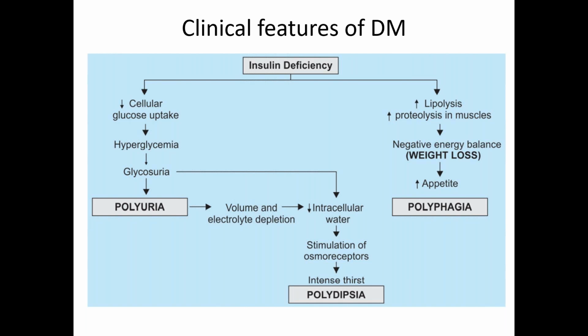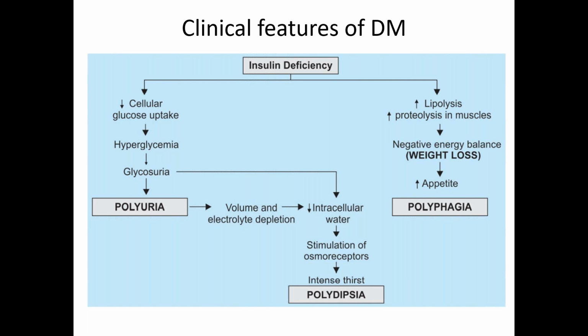And in hyperglycemia, in that condition, the body fluids draw for osmotic reasons. Intracellular water is drawn, and that stimulates osmoreceptors in the brain, and that will lead to intense thirst, that is polydipsia. And in the absence of glucose utilization, fat deposits in the adipose tissue and proteins are degraded.